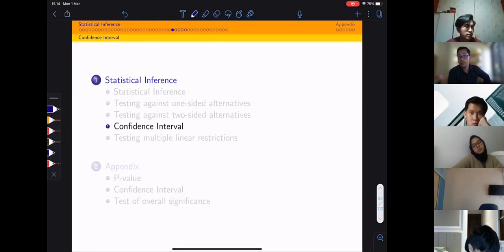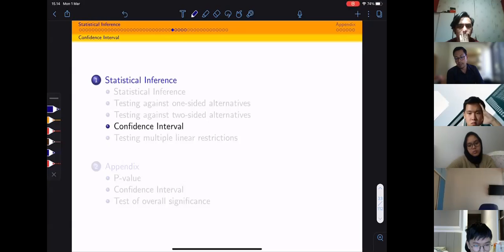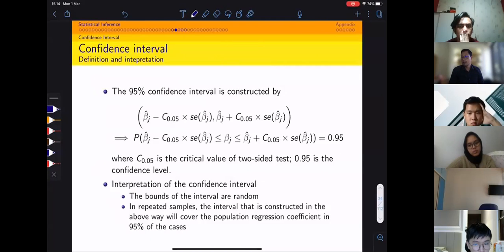Because with the t-test, you need to find the critical value and compare the t-statistic with it to make a conclusion about the hypothesis. But if you have the p-value, you just compare it with the assumed significance level, whether 1%, 5%, or 10%. Any questions on the p-value before I discuss confidence intervals?